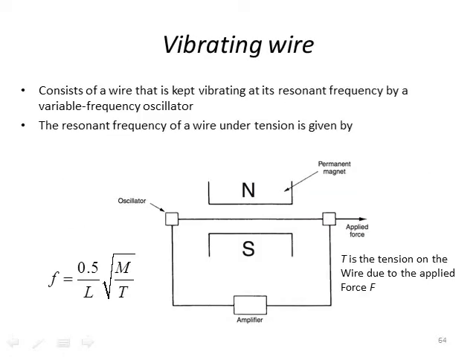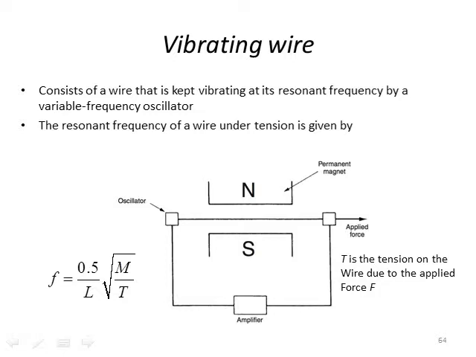Okay, and the last example is a vibrating wire, and this is a homework. Essentially, we have a permanent magnet, and then we have a wire. The resonant frequency of the wire depends on the applied force, so it's kept oscillating, essentially.